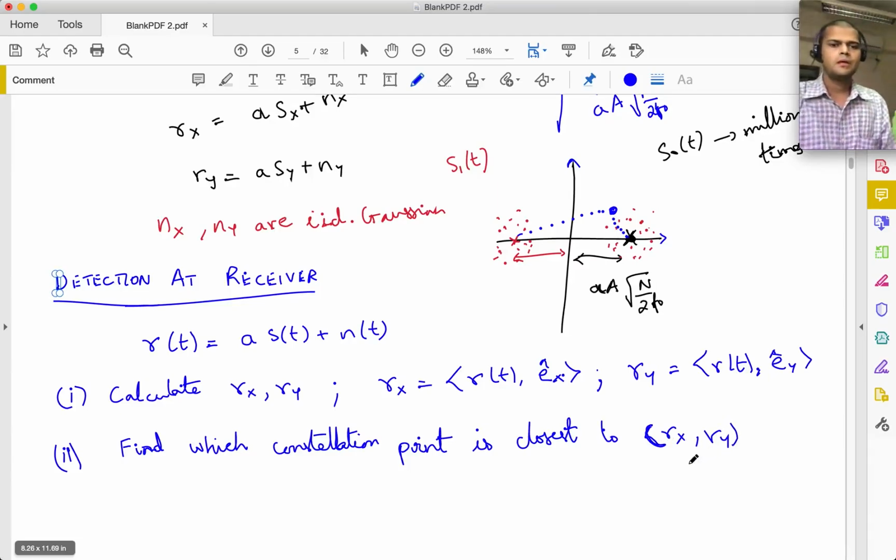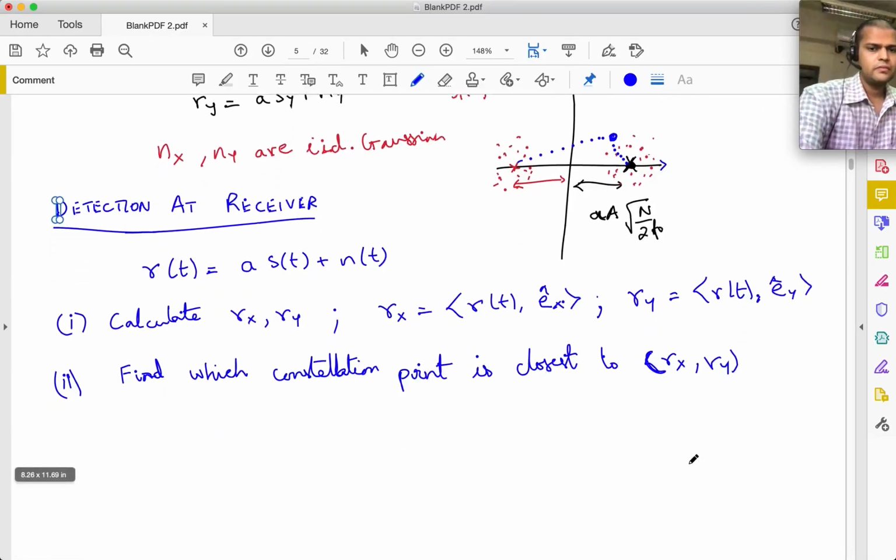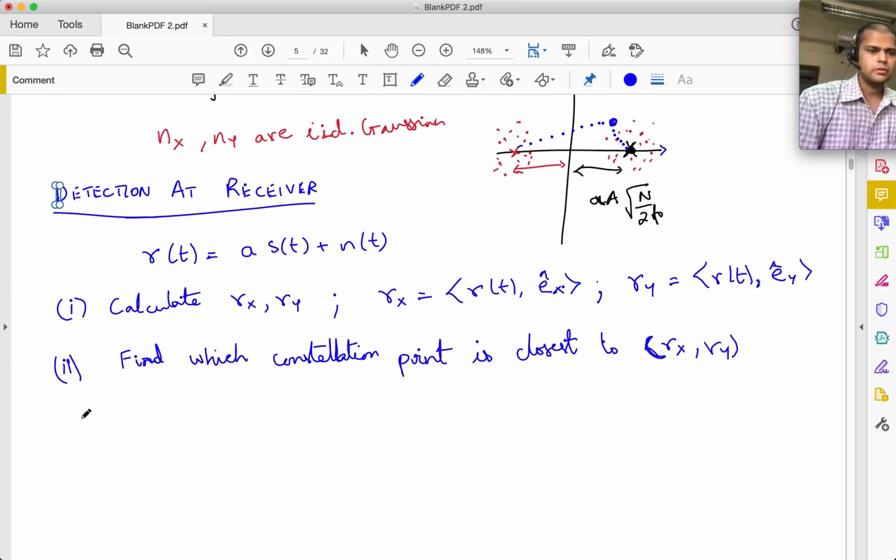In this example, all we have to do is look at the x component.